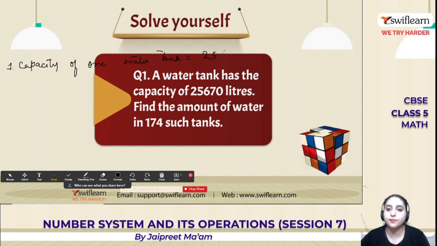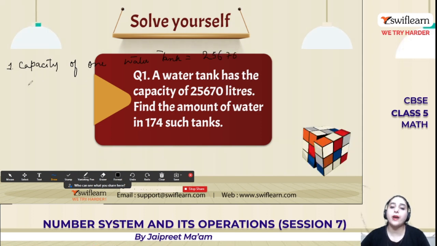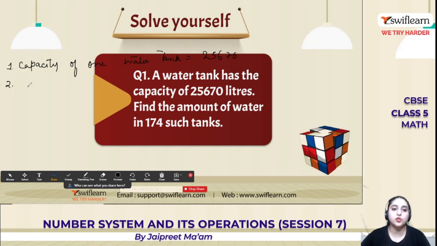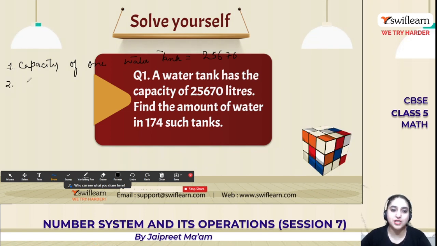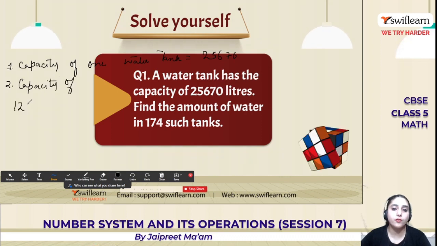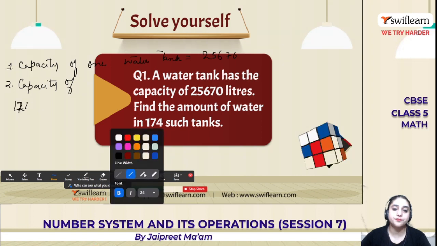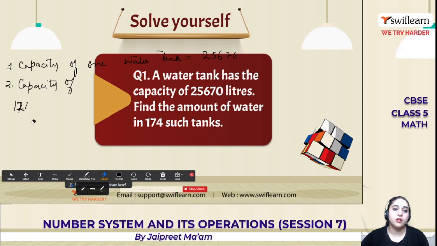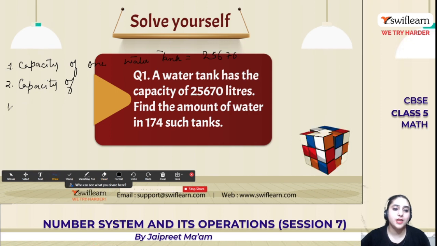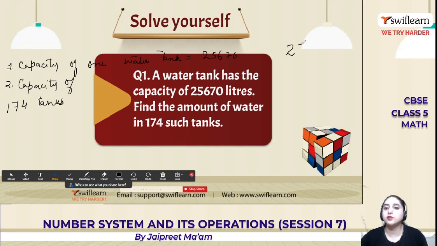Then you have to find the capacity of 174 such tanks. So write down the statement: capacity of 174 water tanks. So what do we have to do? You have to perform the multiplication, so we will do the multiplication over here.